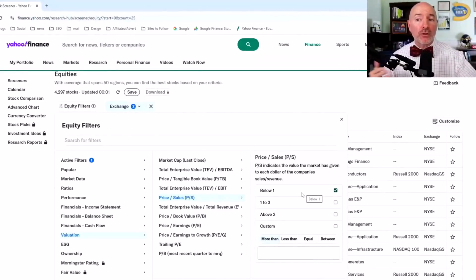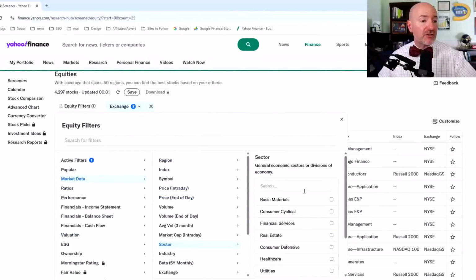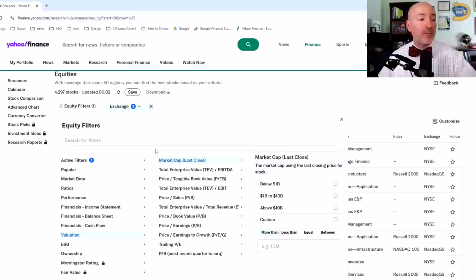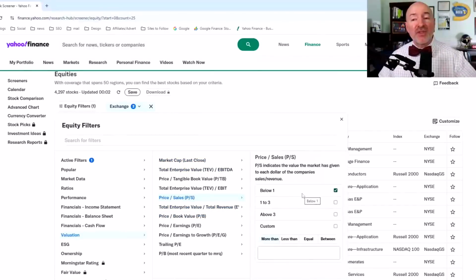If we want to look for value stocks within the tech or within the faster growing sectors, then we would want to go to market data, go to sectors, and click on tech, so we could find tech stocks with maybe a little bit faster growth, but still trading cheaply, okay? If you're just keeping that open to all 11 sectors, and then you're narrowing it down by price to sales, price to earnings, some of these valuation metrics, then you're going to screen out a lot of those faster growing ones.